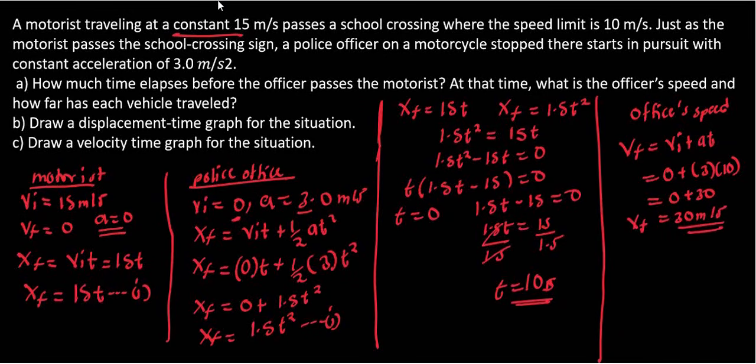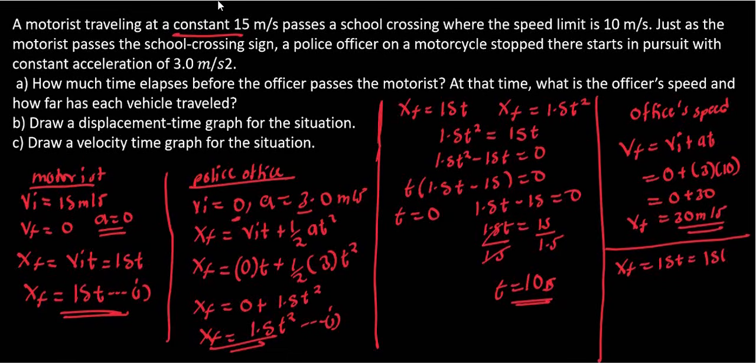How about the other one? It says, what is the officer's speed and how far has each vehicle traveled? On how far each vehicle has traveled, we shall use the equations we have. So x final equals 15 t.